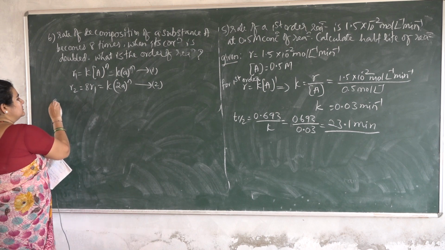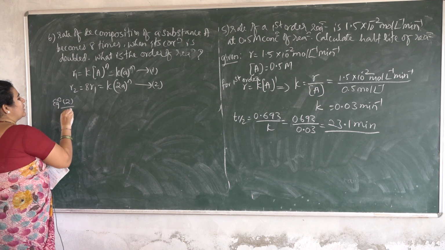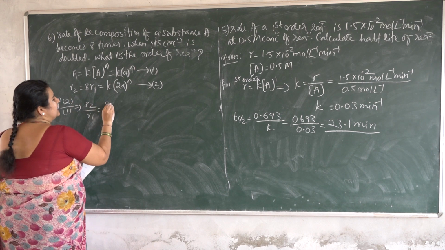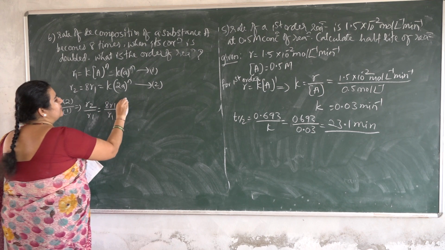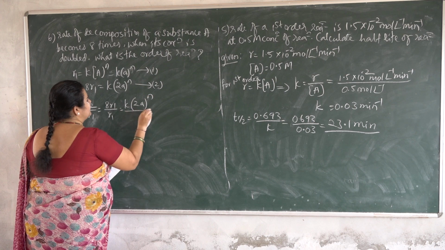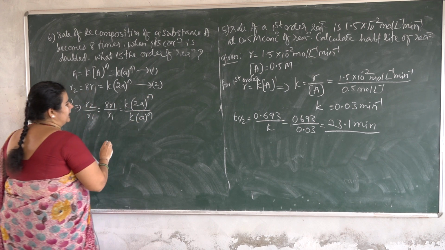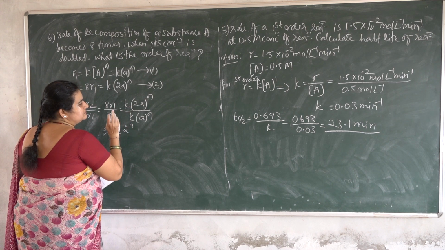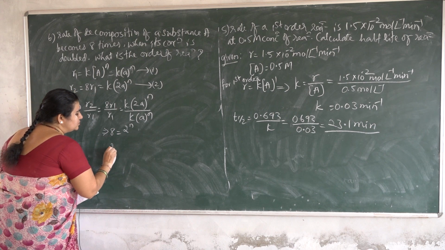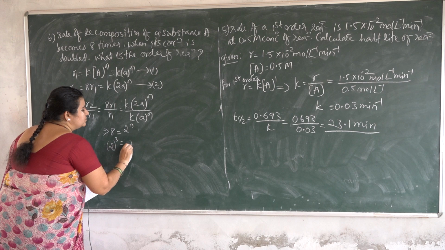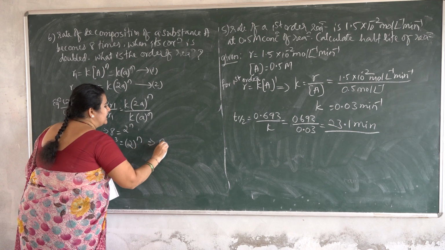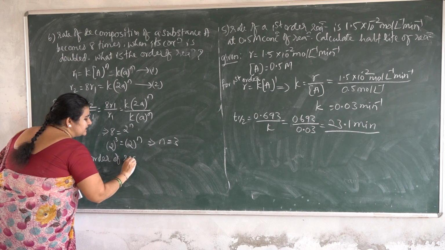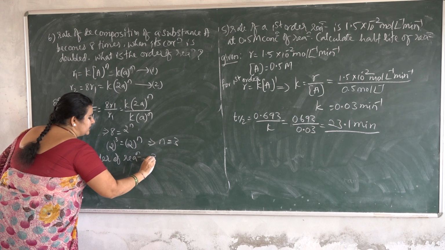Now equation 2 divided by 1: R2 divided by R1. R2 is 8R1 divided by R1 is equal to K into 2A raised to N divided by K into A raised to N. So 8 is equal to 2 raised to N. So here 2 raised to 3 is equal to 2 raised to N. Therefore N is equal to 3. Therefore the order of the reaction is equal to 3.